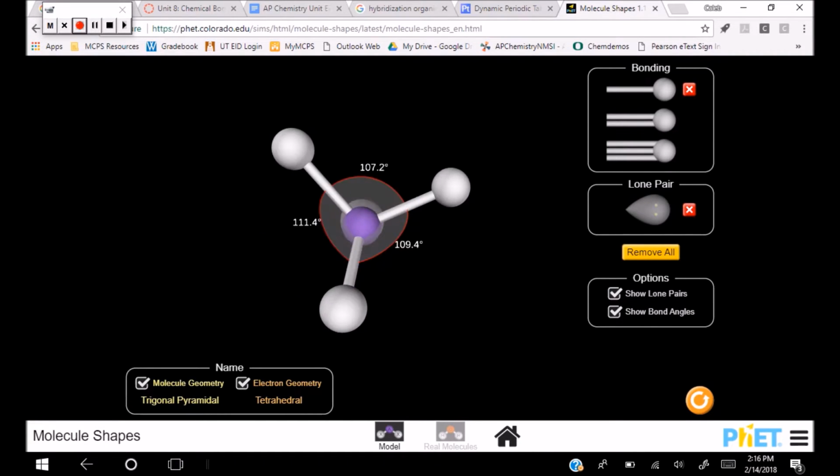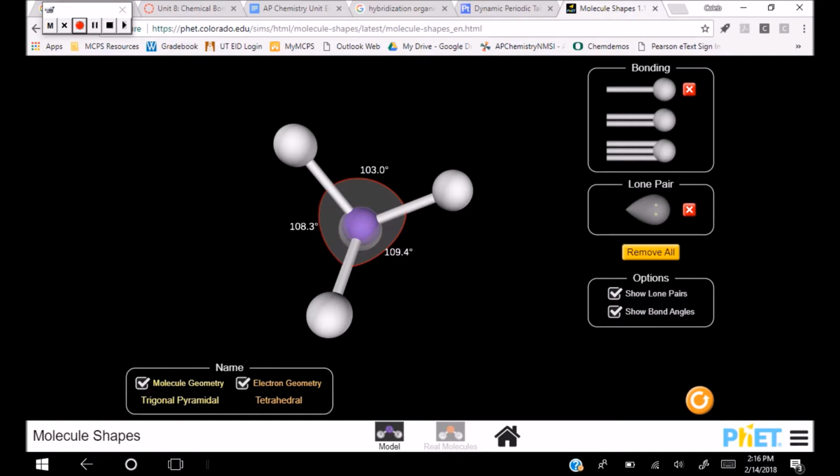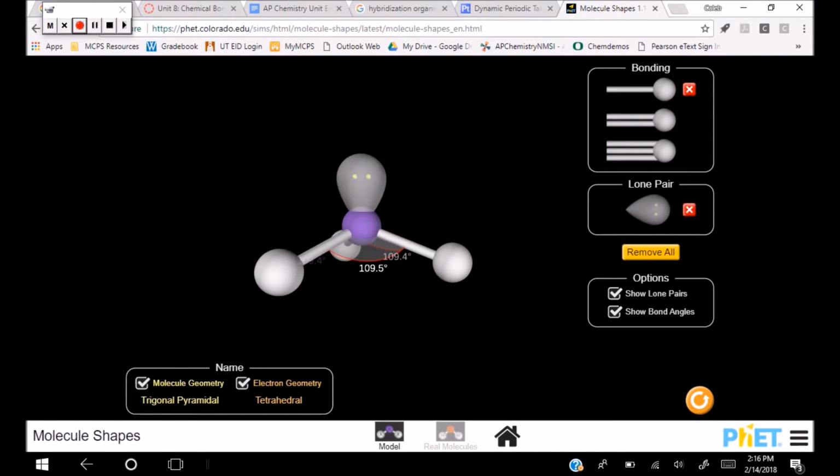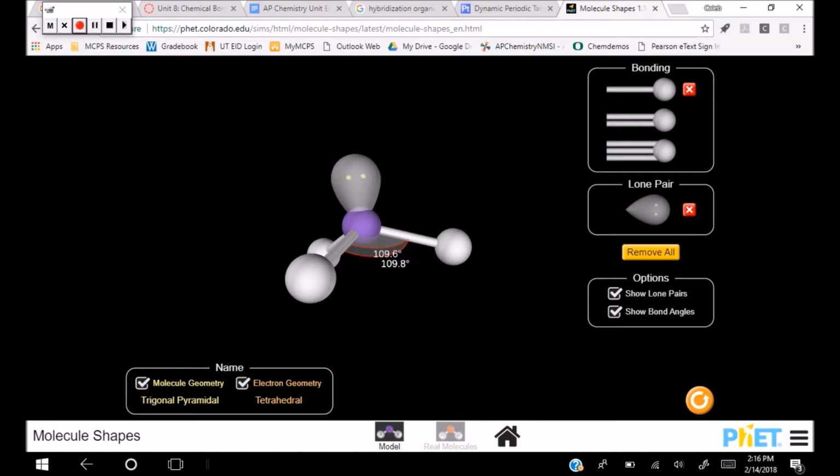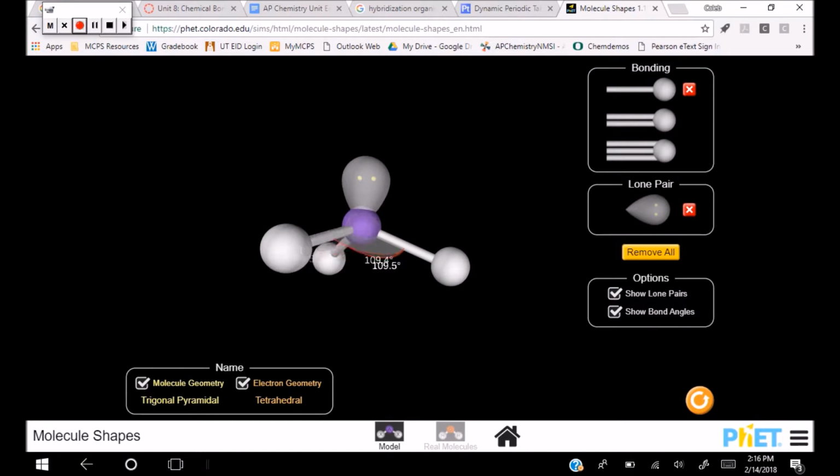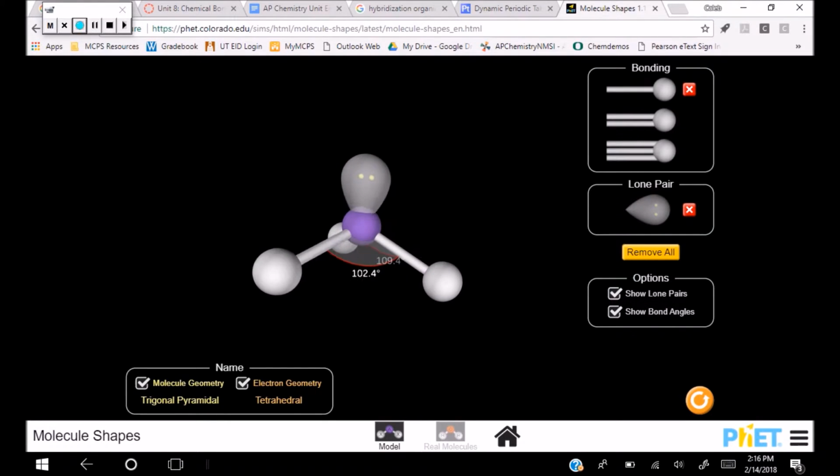So you notice it still bends the molecule like the bent shape did, but if you look at the base, if you were to connect the atoms together and look at it in 3D space, it does form kind of a pyramid shape with a triangular base. So that's why it's referred to as trigonal pyramidal.